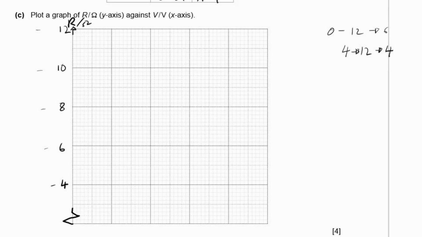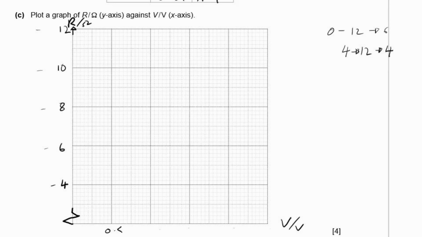Always label the axes. There we go. And V in volts on this axis. So it's always important to make sure you're following the instructions but label the axes. And down here we're only going to go from 0.5 volts to 2.5. 1, 2, 3, 4, 5. That's perfect.